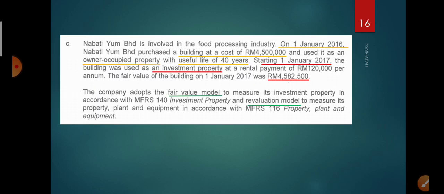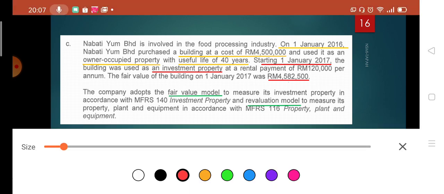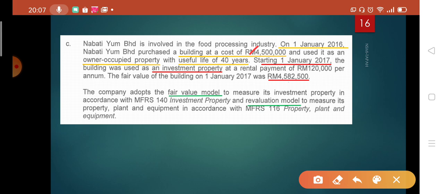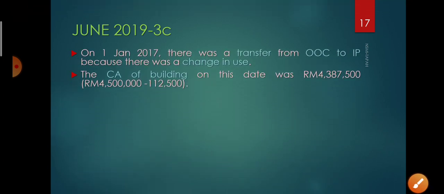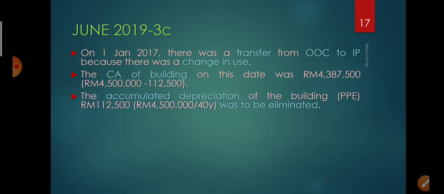You bought that building on 1st January 2016, so just 1 year. So your accumulated depreciation is the cost amount of 4.5 million divided by 40 years. So you got the carrying amount of the building as 4,387,500. Right.